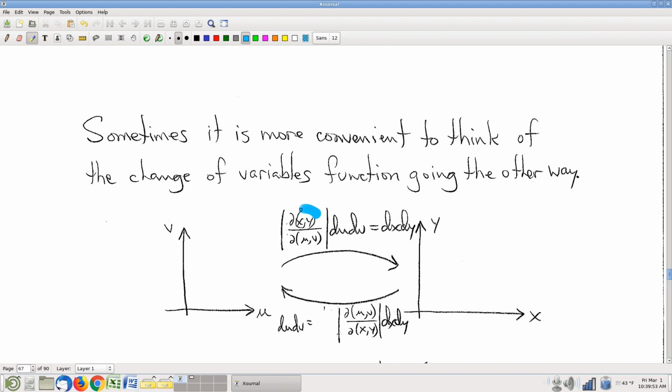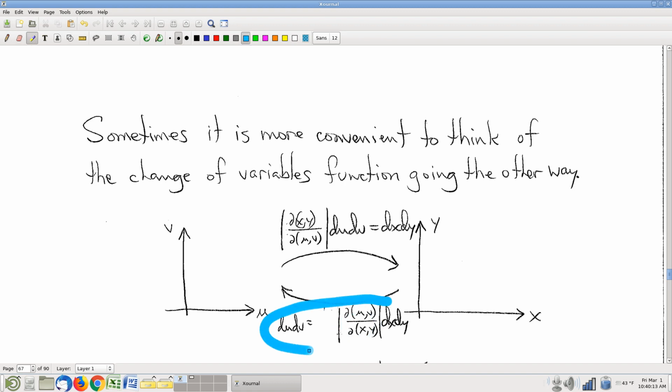And notice, if x and y are functions of u and v, the stretching factor is the partial of (x,y) with respect to (u,v). It's the outputs' partials with respect to the inputs. If you're going the other way, it's still the outputs' partials with respect to the inputs, but now u and v are the outputs and x and y are the inputs. Okay.